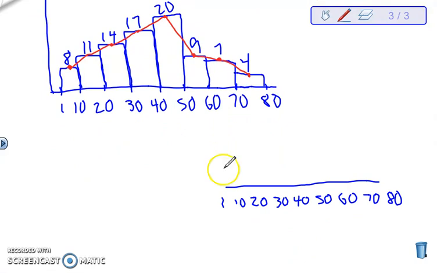So this time we're going to start at 8. We're going to go up to, oops, just going to scoot that point over a little bit. Let's make it there.